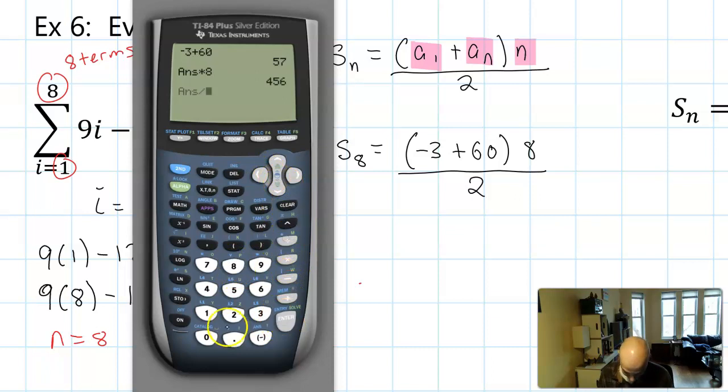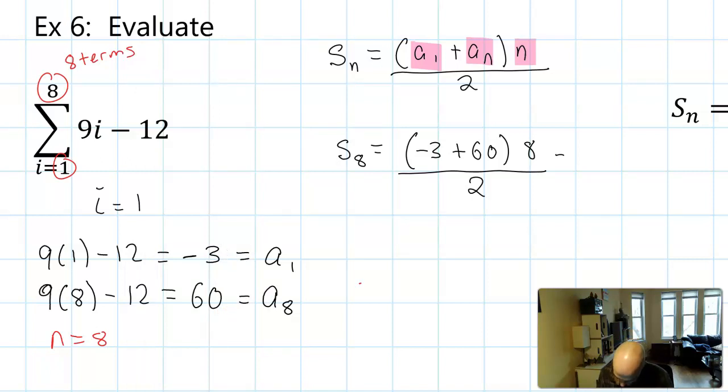That's pretty big. We divide that by 2 and we get 228. And again, that seems like a lot, but remember, we're adding up a lot of terms. The biggest term is 60. The term before that would have been in the 40s, so it's going to grow pretty quickly.